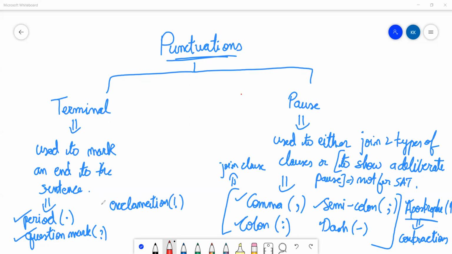And exclamation is used to intensify the emotion in a sentence. Intensify the emotion in a sentence. Please take a screenshot. I'm going to erase all of this. Please take a screenshot.